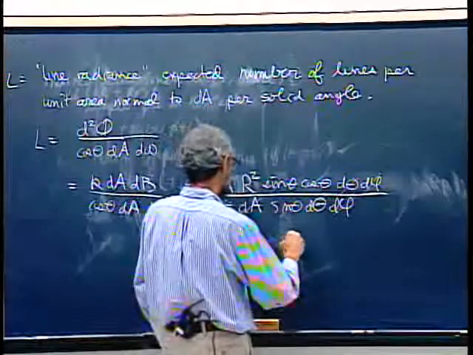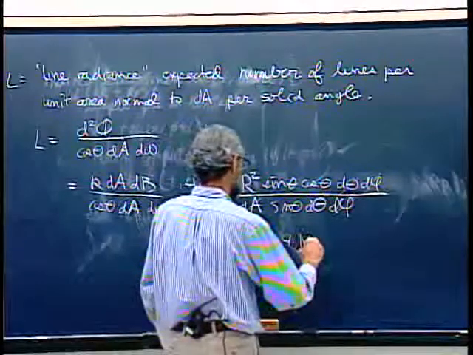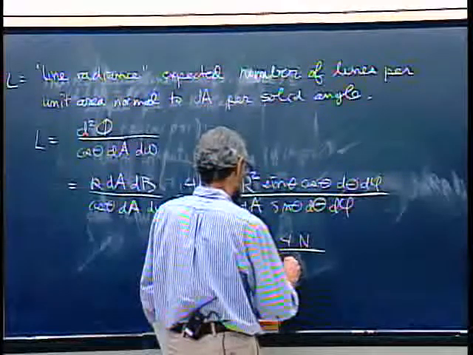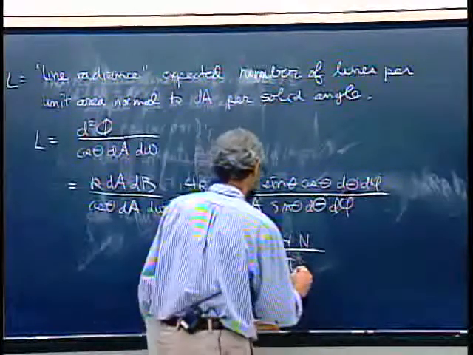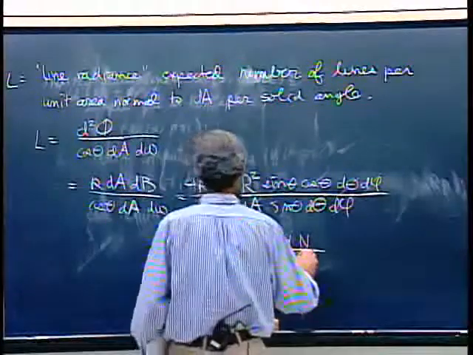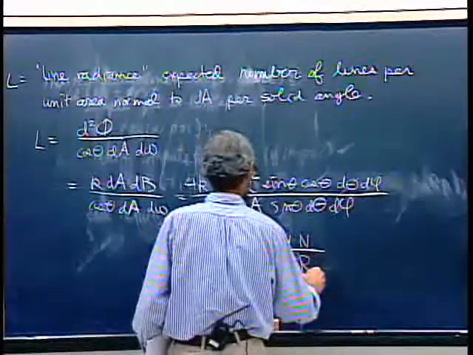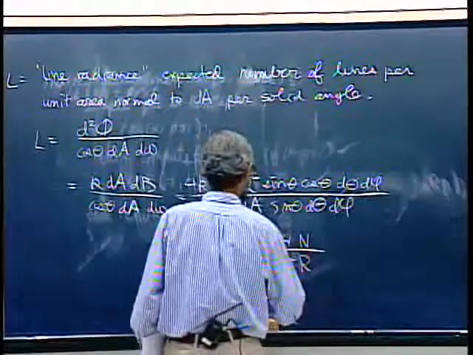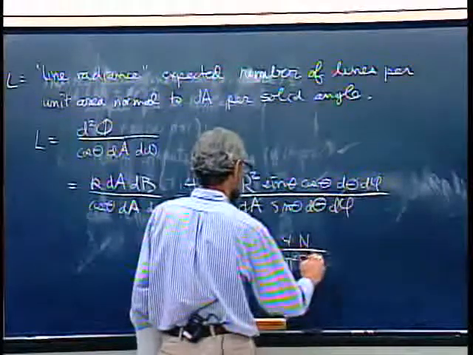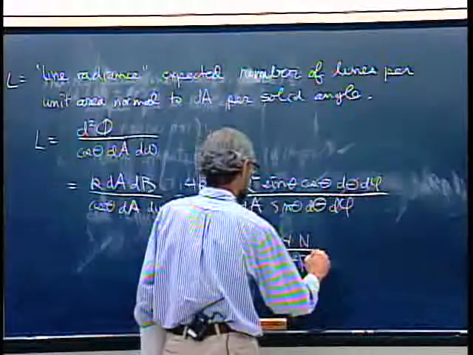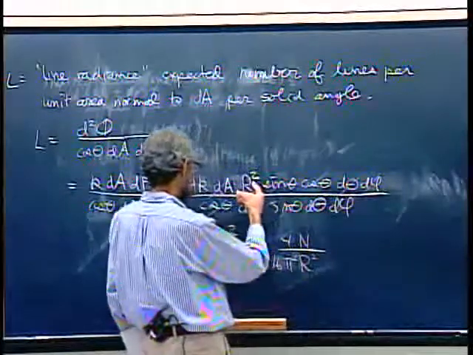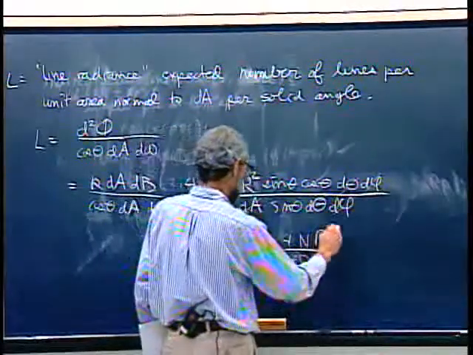So that's 4n over 16, which is 4 squared pi squared r squared, and I forgot this r squared here in the numerator.